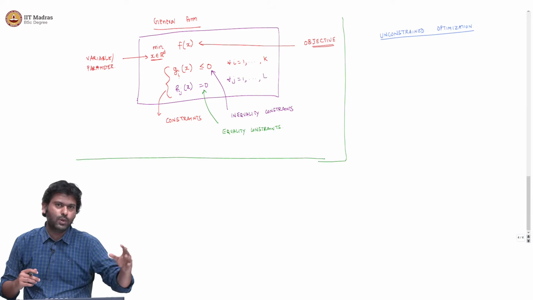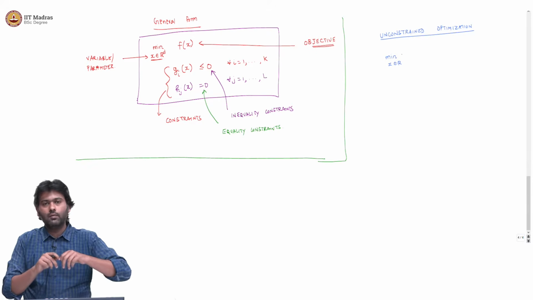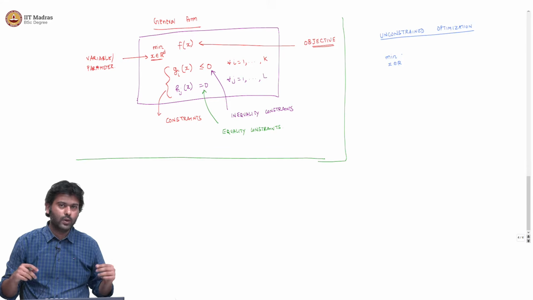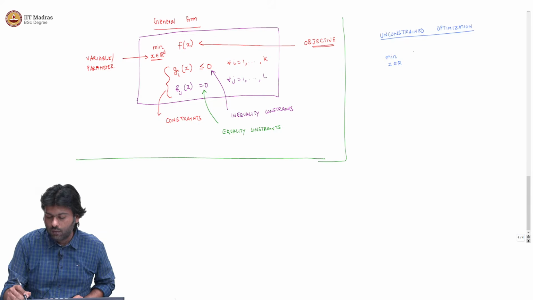Let us take the simplest possible example. You want to minimize over x in R, which means that it is not even a two-dimensional variable like in the cow example, it is a very simple real number that you want to find, where the function of interest is (x minus 5) squared.